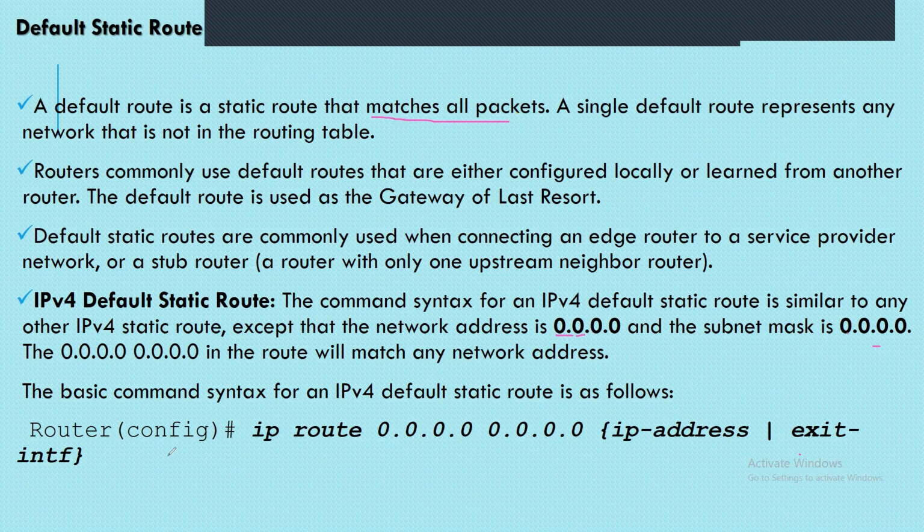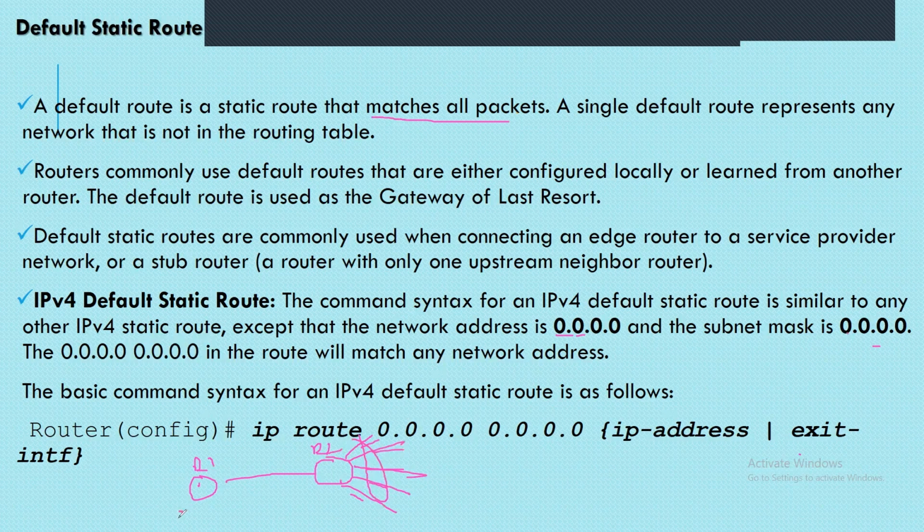So the default route we configure for this router to access, maybe we have another router here with different networks, more than one network. Instead of configuring a destination to each network, we configure a route which will cover every network here.